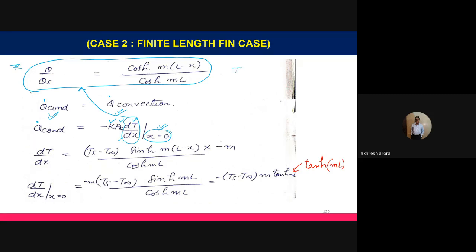T minus T infinity is equal to Ts minus T infinity times cosh(ml minus x) divided by cosh(ml). You can see this term is a constant. This is a constant term, so it can be taken outside, and it won't be changing.